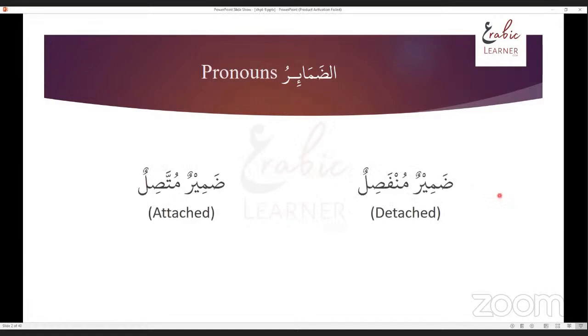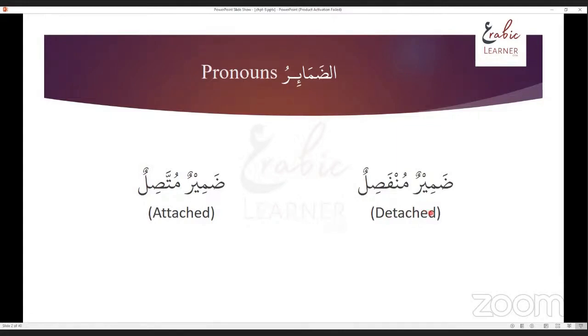So there are two kinds of Dhamair: dhamirun munfasilun and dhamirun muttasilun. The detached pronoun and the attached pronoun. Muttasilun means attached. Munfasilun means detached.